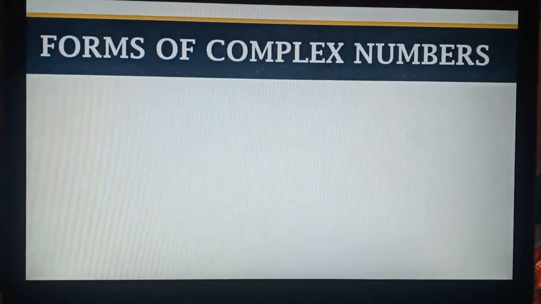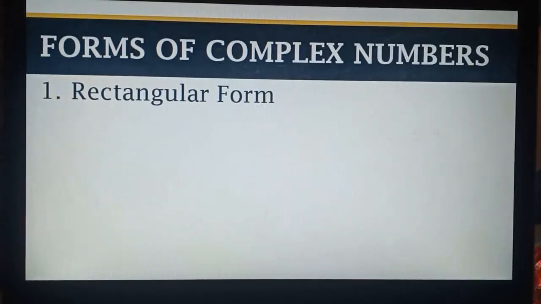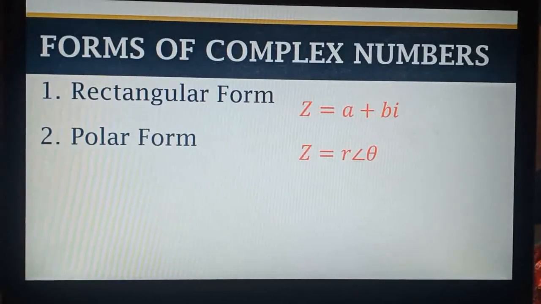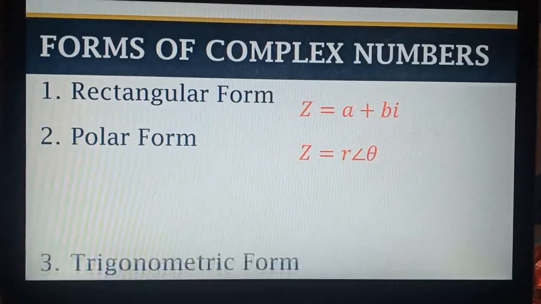Next, we have the forms of complex numbers. We have 4 forms of complex numbers. First is the rectangular form, which is in the format of z equals a plus bi. Next is the polar form, wherein we write it as z equals r at angle theta.